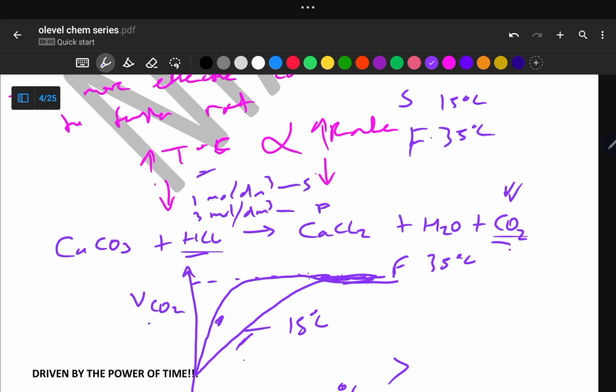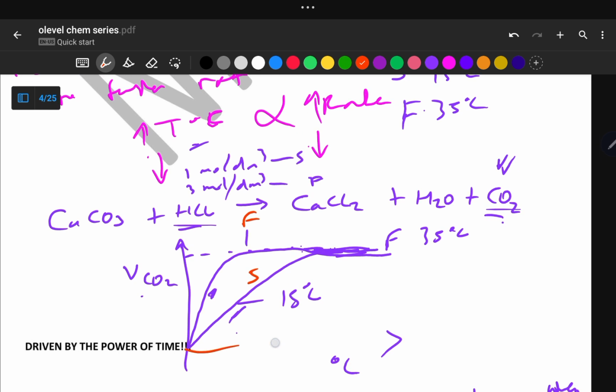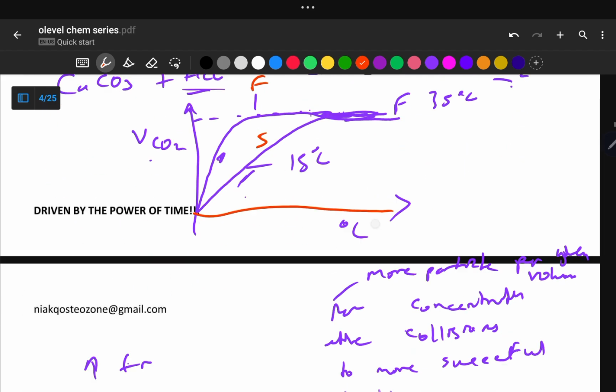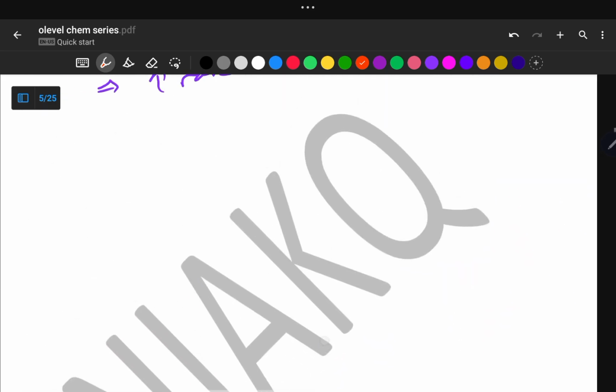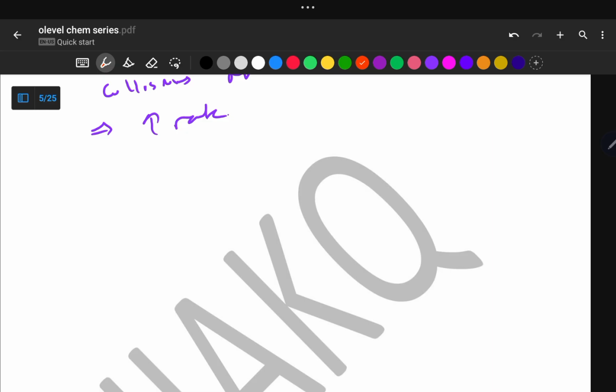You see that? So this is the faster reaction, right? And this one is the slower reaction. Are you together? And here we're going to have concentration on this horizontal axis. As simple as that.